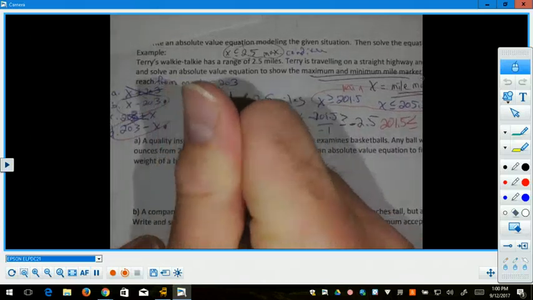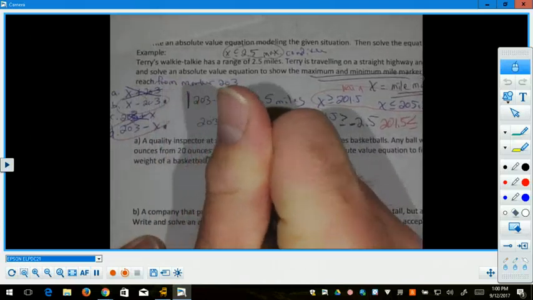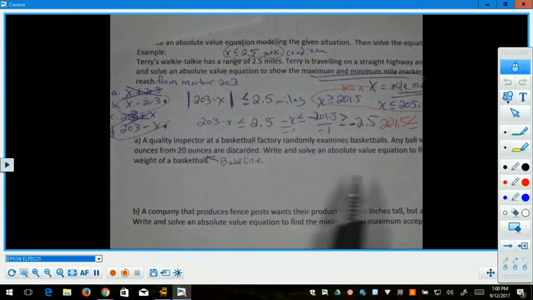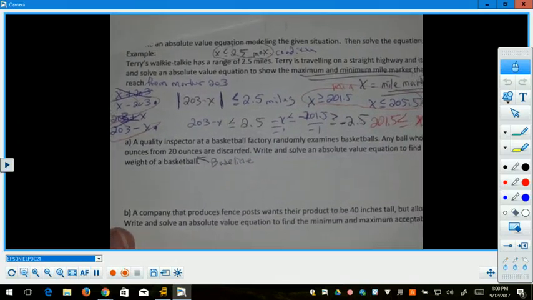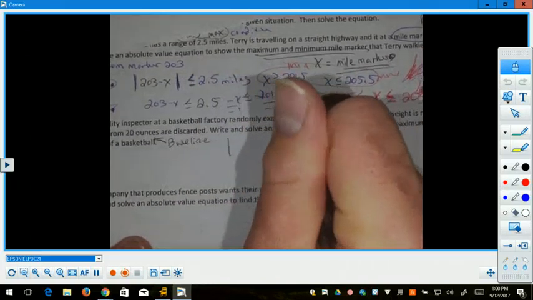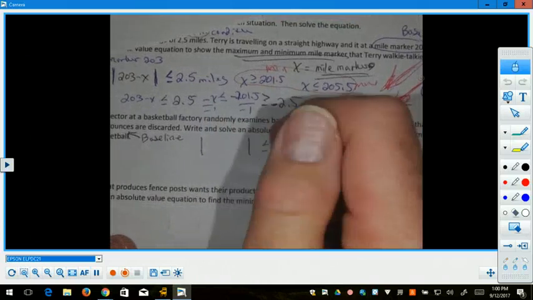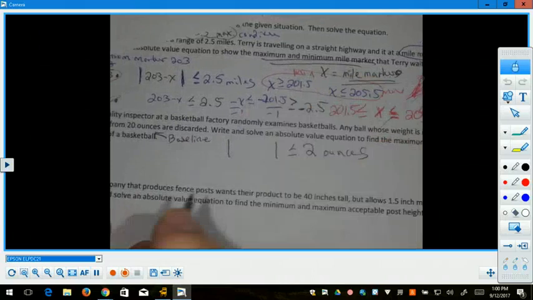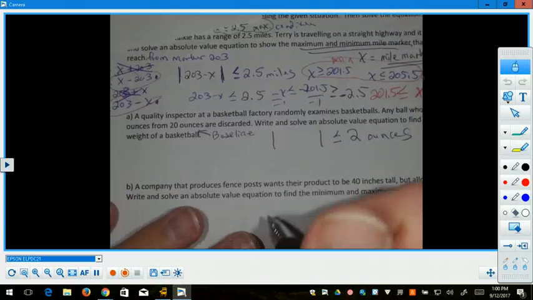20. So this is our baseline. And our margin of error, or our parameters, our conditions, our max-min variation, is 2 ounces. That's over here. So when I set up this absolute value inequality, it's got to be less than or equal to 2 ounces. I usually start with my baseline.